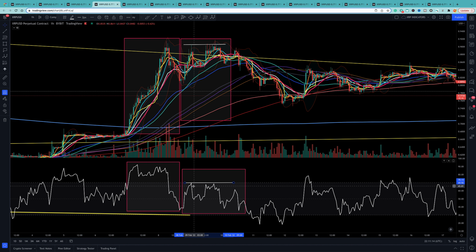Now it's tight. It is absolutely tight. It's hard to argue that it is bearish divergence, but it's hard to argue how relevant it is because there's not much difference. But now this is on the hour.